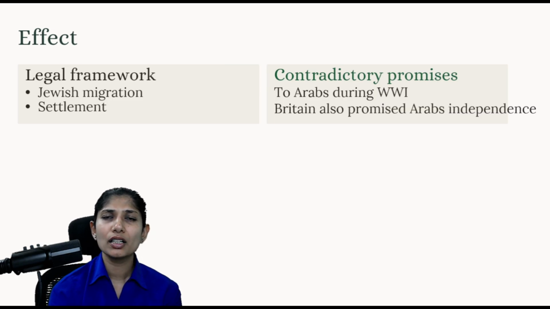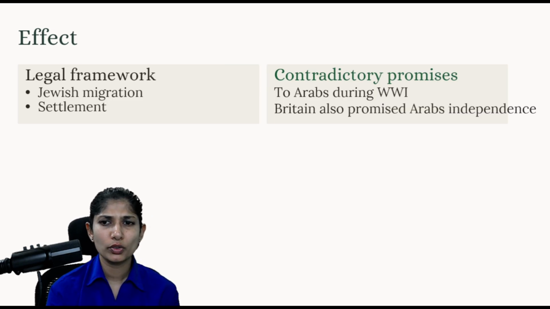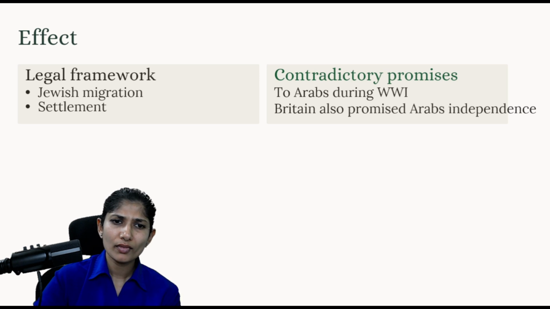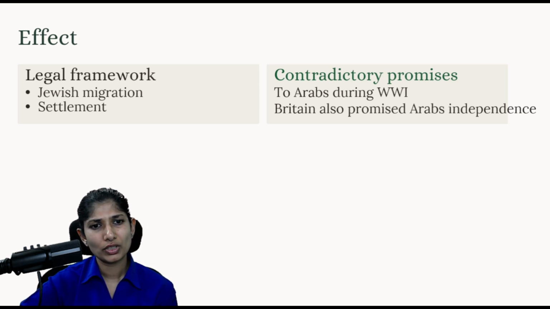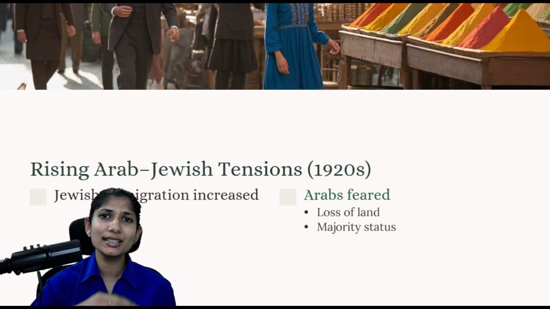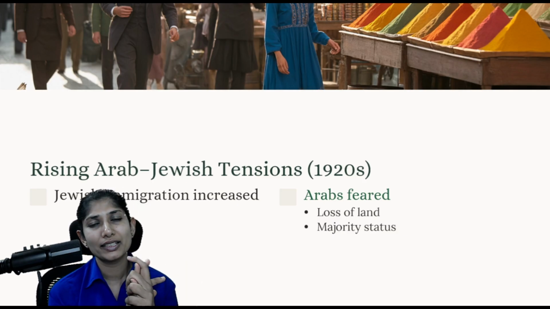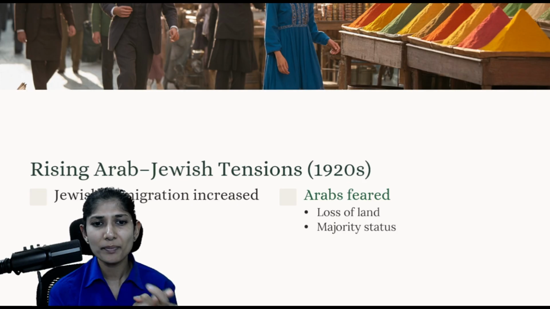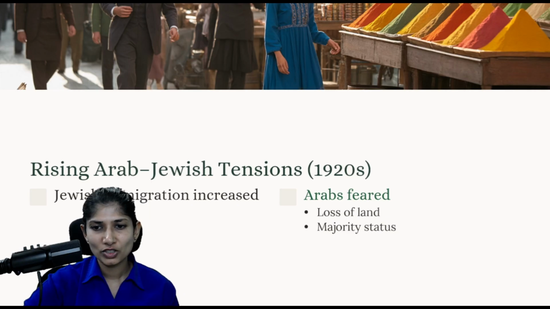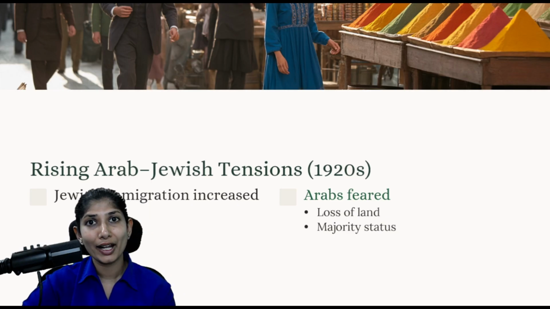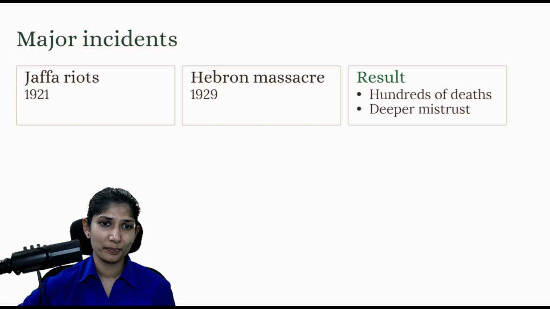Now finally, if you see with respect to World War I, Jewish immigration also started, settlements also started coming in. This also meant that Arab and Jewish tensions started increasing. Because Jewish immigration kept on increasing, the Arabs started losing their land, and the land where they were once a majority of 85 to 90 or 95% of the population was now becoming very threatened.